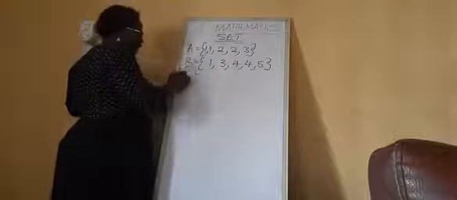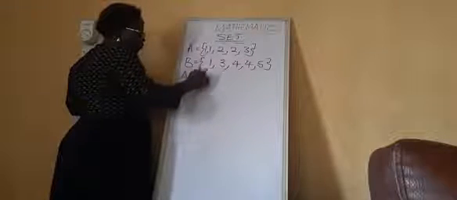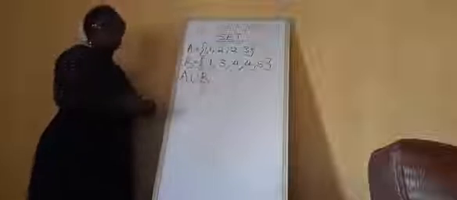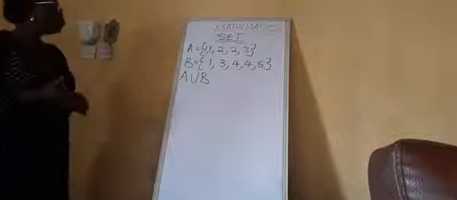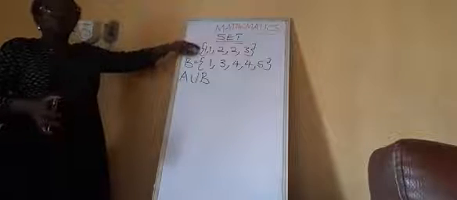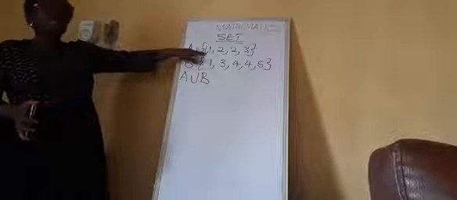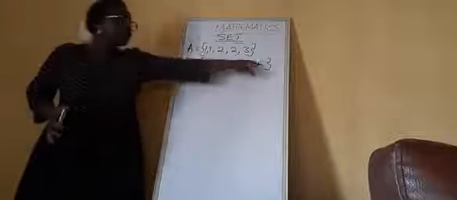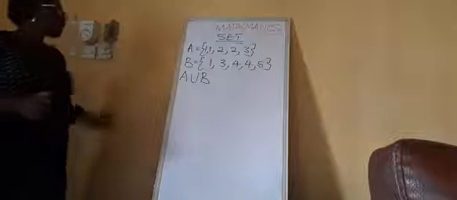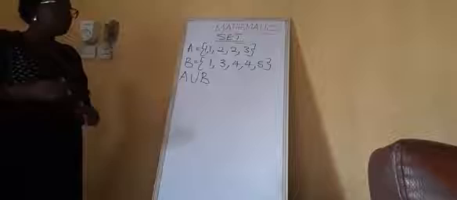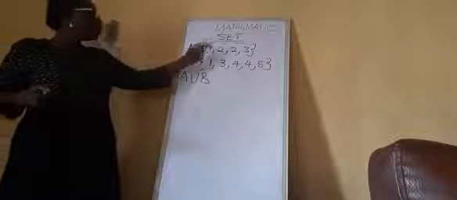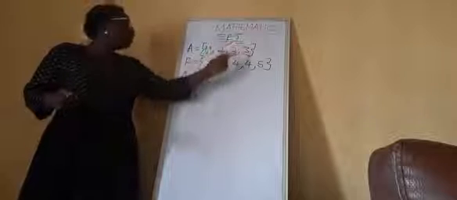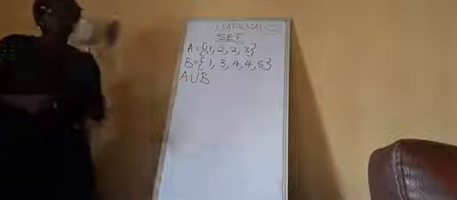And what is A union B? As I've said earlier, this U means union. Without any repetition, you should be able to write everything. You start from 1 until you get to 5. Don't forget, I said without any repetition. So it will be 1, 2, 3, 4, 5. They are not supposed to repeat.